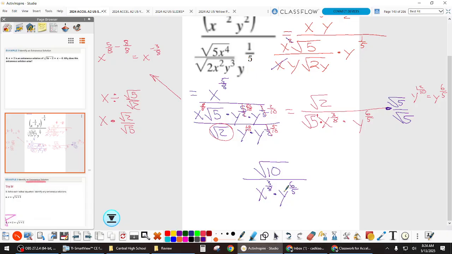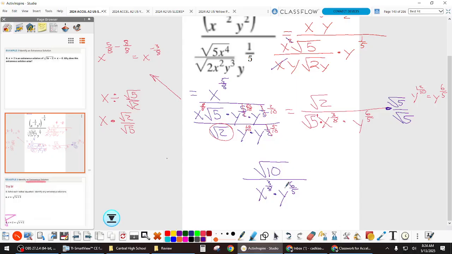Tell me about that, the y to the 6/5. If that was written in radical form, what would we do? Yeah, we'd pull out a y out of the radical. So it would be y times the 5th root of y.